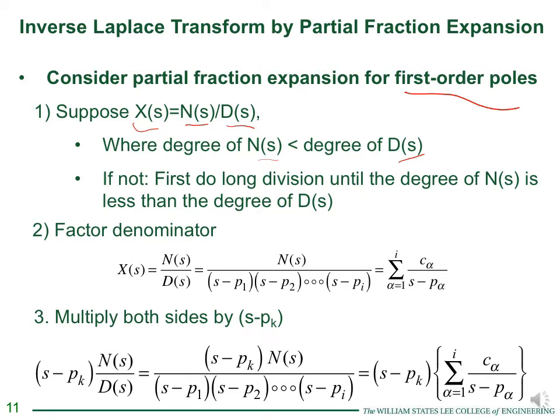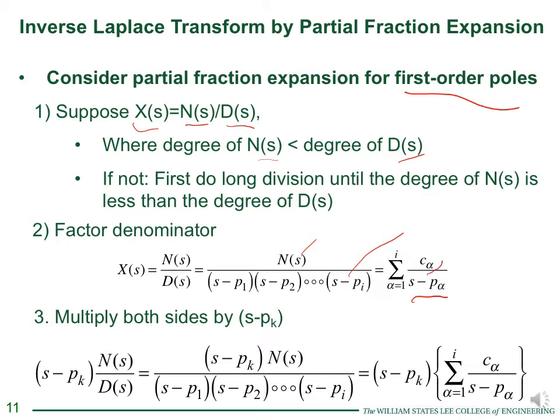So once you have that, you factor the denominator into its form where it has all the individual poles, and you still have the numerator. And so this must equal its partial fraction expansion. Again, we're assuming single order poles. So each one of those poles is going to have a coefficient.